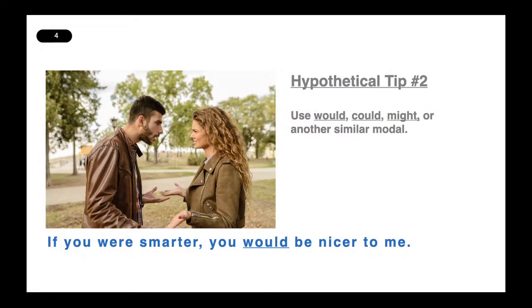It's a very threatening sentence. Maybe a big boss might say that to someone in a gang, like, do you know who I am? If you were smarter, you would not say that. So it's kind of threatening to say that, actually. So use would, could, might, or another similar modal.